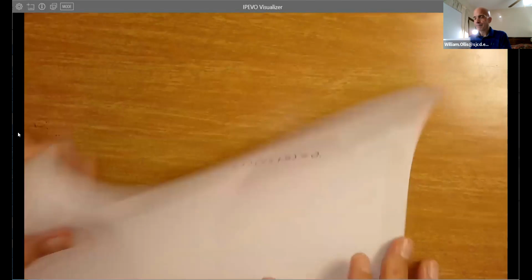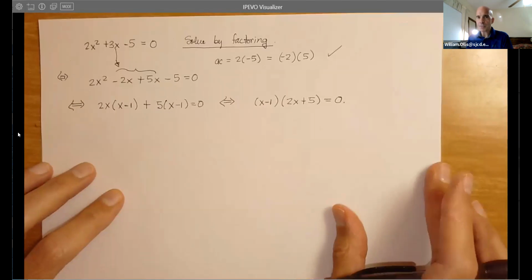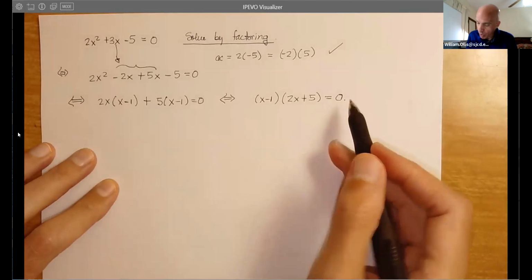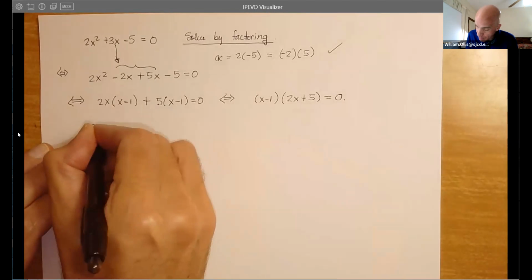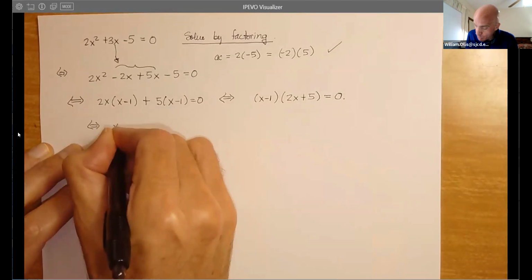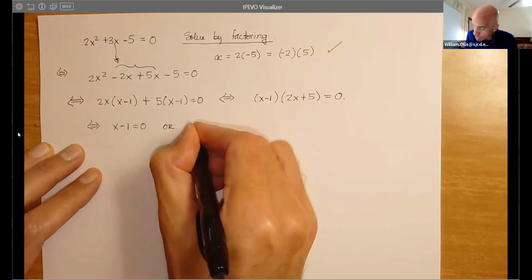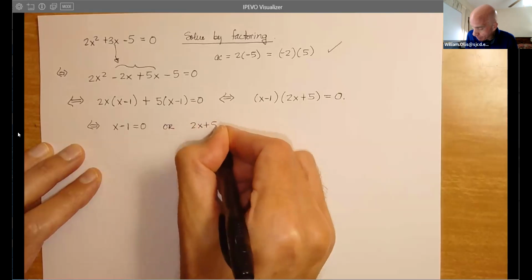Now, when we look at this, we've got a product of two real expressions equals 0. So zero product says x minus 1 equals 0, or 2x plus 5 equals 0.